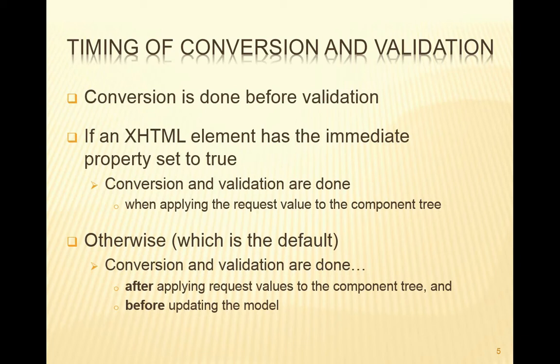If the immediate property has been set to true, then that conversion and validation will be done immediately, meaning that it will be done at the time the values are being put into the component tree. Otherwise, and this is the default case, the conversion and validation will be done after the component tree has been populated with values, but before the model is updated.